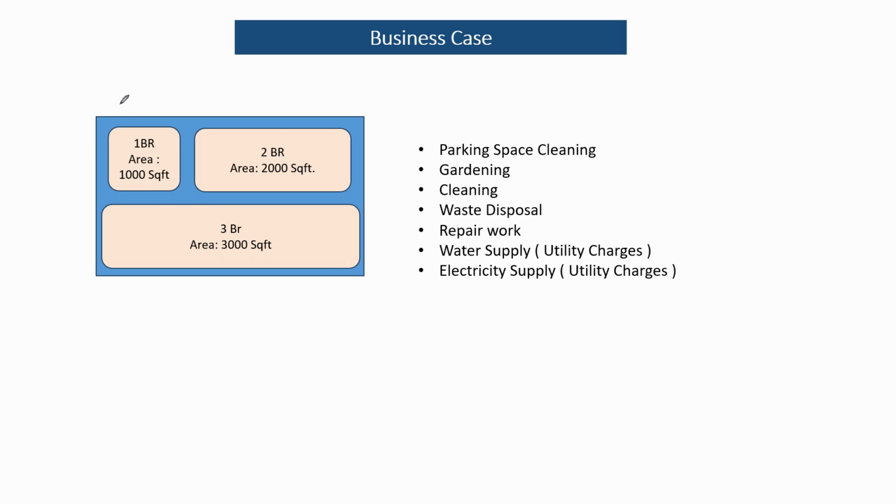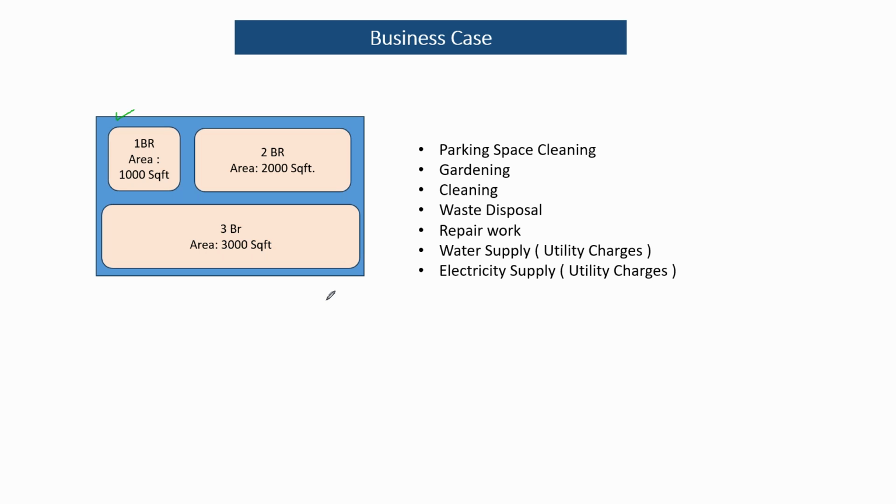This is one building, and in this building we have three rental units. One is a one bedroom apartment with an area of 1000 square feet, another is a two bedroom apartment with an area of 2000 square feet, and another is a three bedroom apartment with 3000 square feet of area.